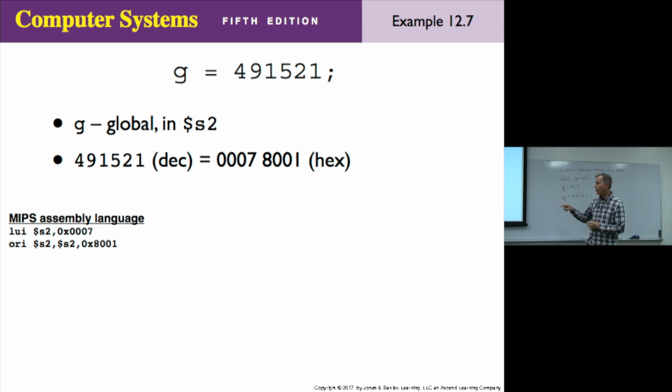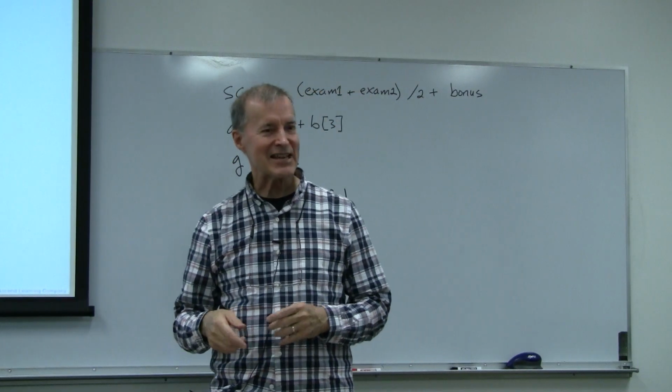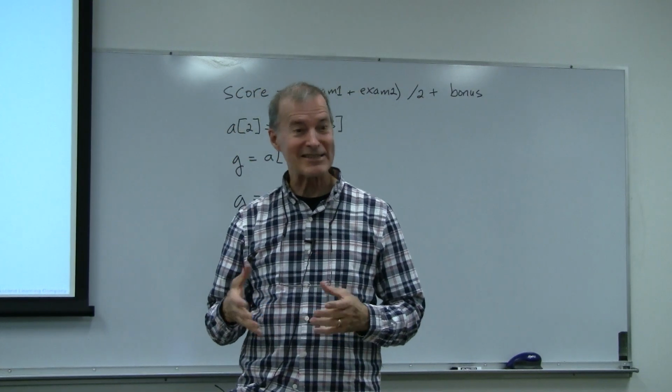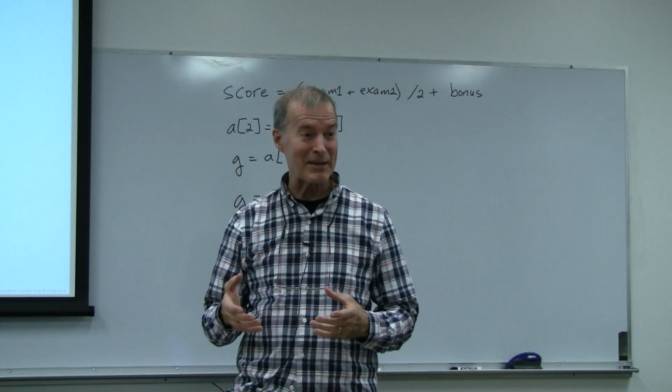And then we OR immediate $S2 with 0x8001. So you have to do that in 2 parts. Here again, this has the flavor of microcode, because there is no microcode. You see what I mean?